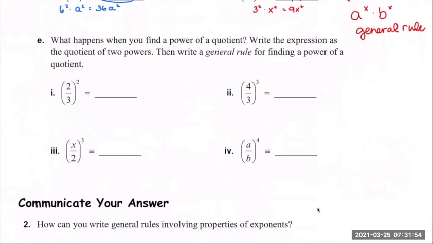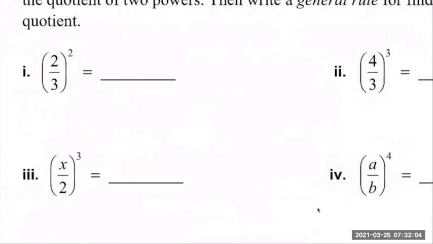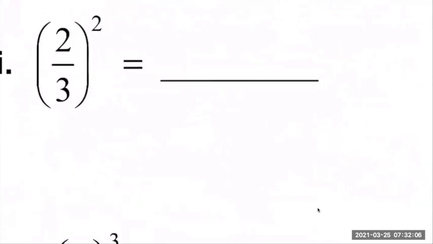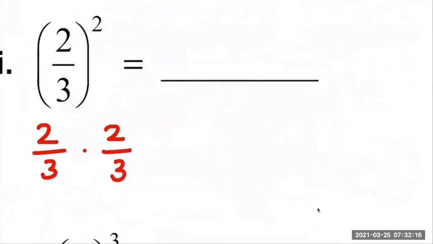All right, last section. I know there's a lot going on in this one, but once you have these rules down, it's going to make your life so much easier, I promise. So we have to take 2/3 to the power of 2. So that means we have 2 of them. So 2/3 times 2/3.